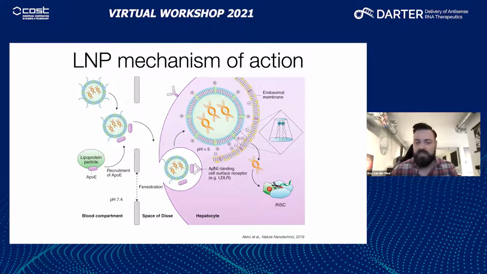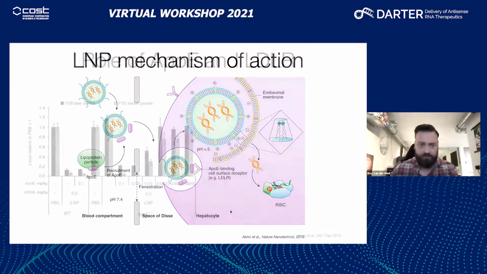There's very efficient internalization of the LNPs via endocytosis, and then you get the endosomal escape, as we talked about before, after which either the siRNA or the mRNA is released and can exhibit its function.